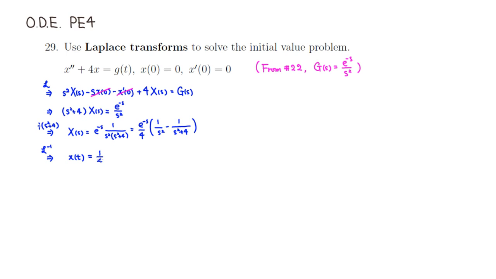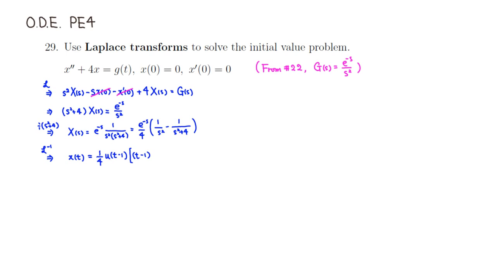The e to the negative s corresponds to shifting, so you have u of t minus 1. Then the inverse Laplace transform of 1 over s squared will be t, but there's a shifting, so it becomes t minus 1.